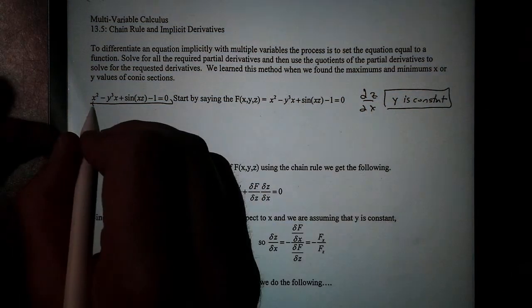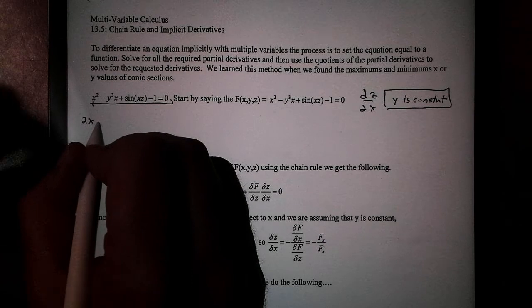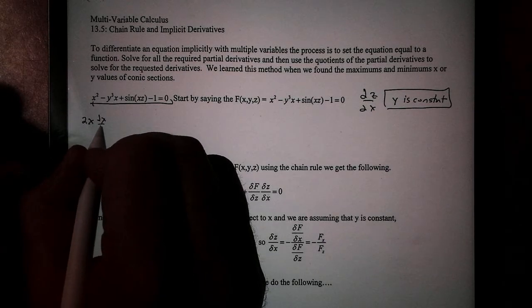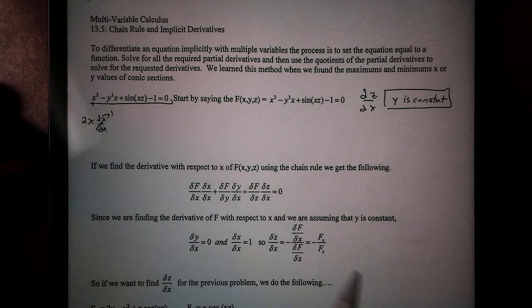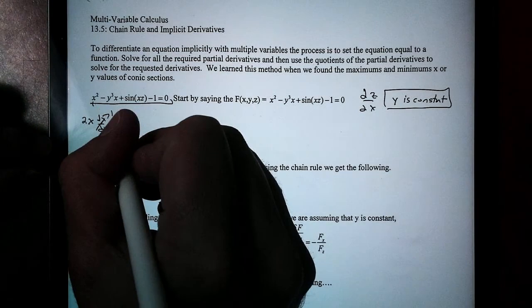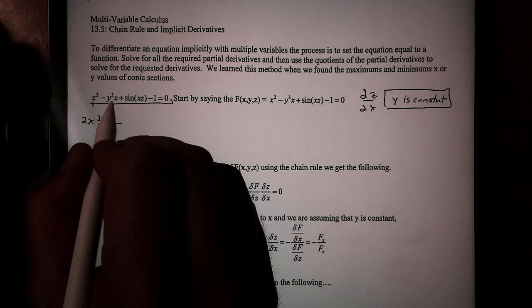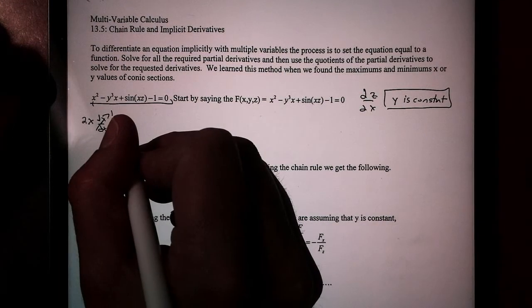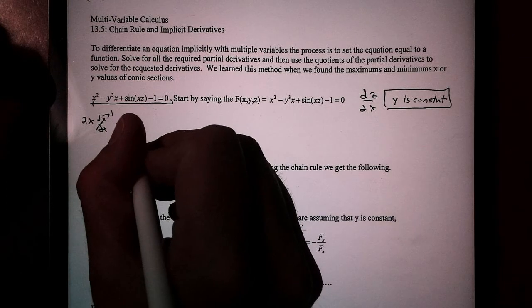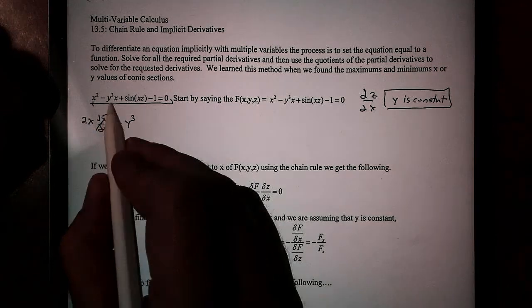So when I take the derivative with respect to x, we would just get 2x. Now remember, there's really a dx here, but that just becomes 1, so we don't really worry about that. And we would get minus, over here, y cubed. Again, dx, but we don't worry about the dx, it's just 1.